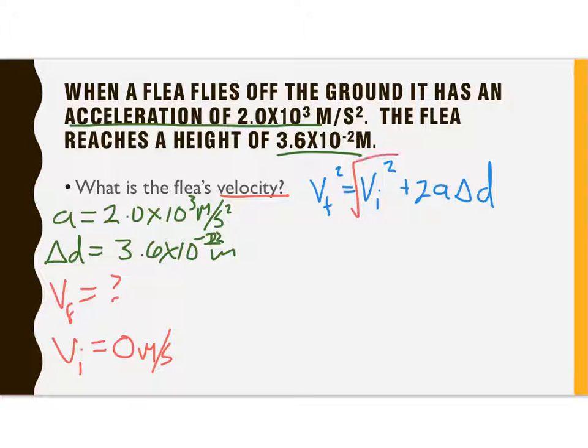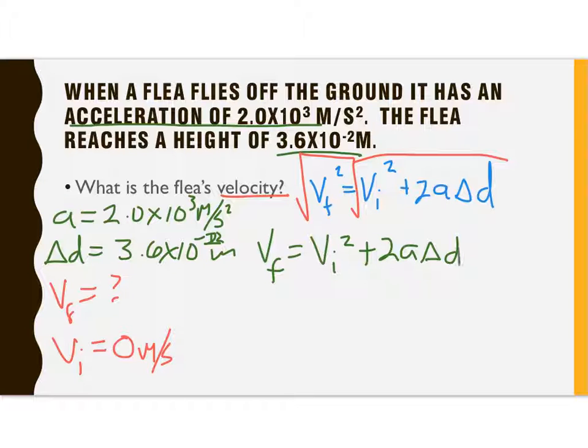So I simply take the square root of this entire side and the square root of that side, and that gives me an equation of Vf equals the square root of Vi squared plus 2a delta d.